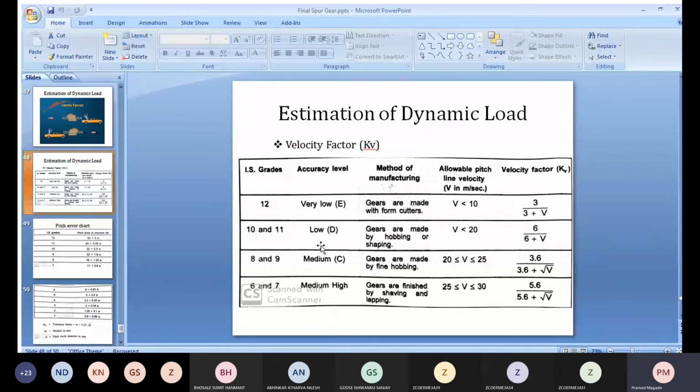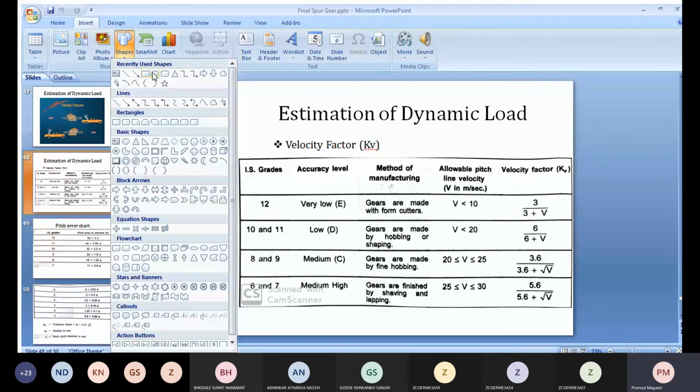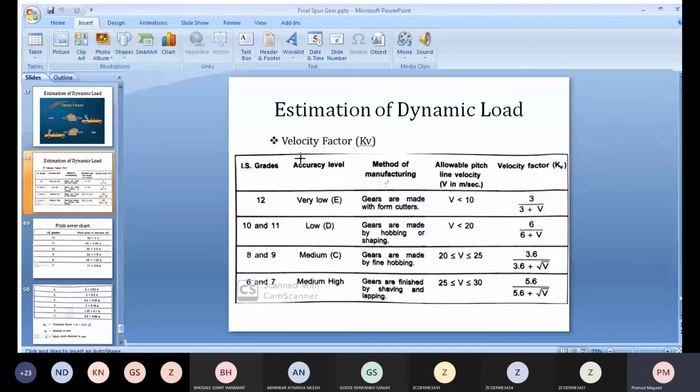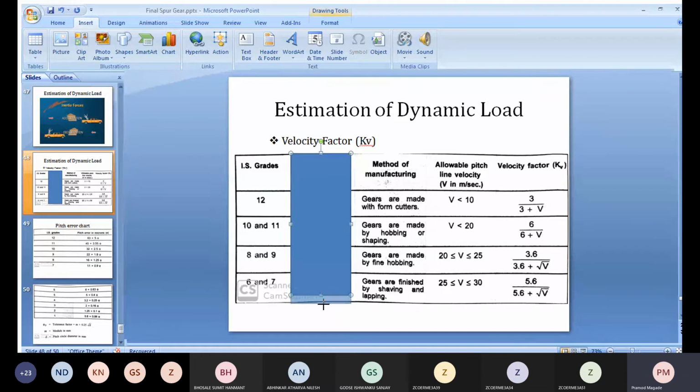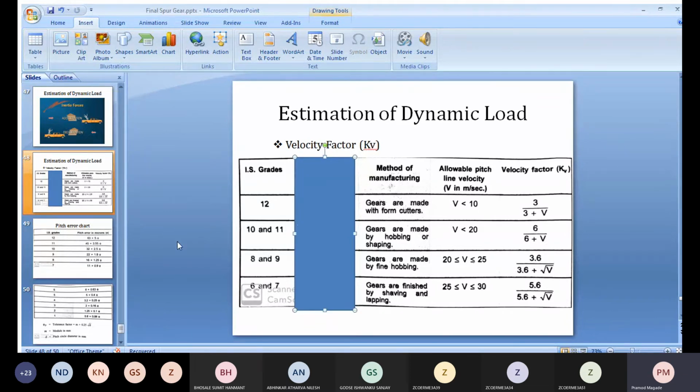So just write down this chart. Second column delete kara, accuracy level ची काही गरज नाही आपल्याला. Correct? So just write down these things in a chart basis, because this chart is again applicable to all the gears. So just write down this for velocity factors.